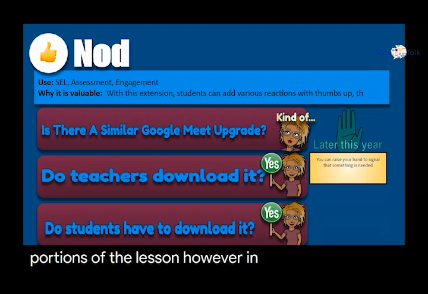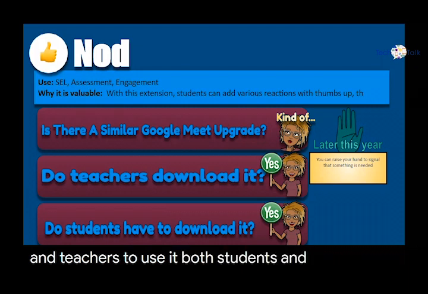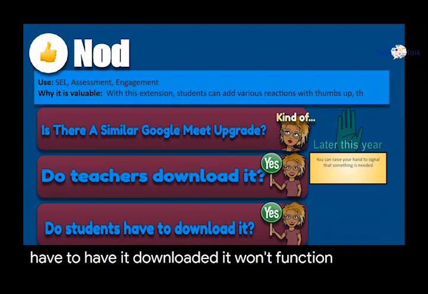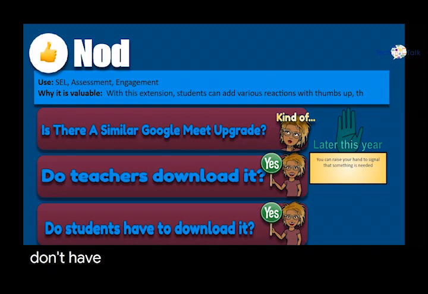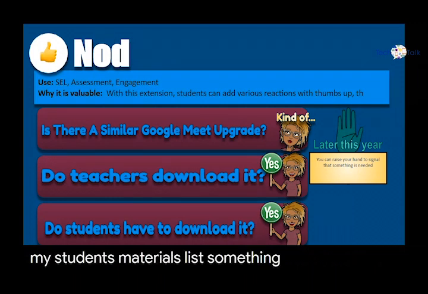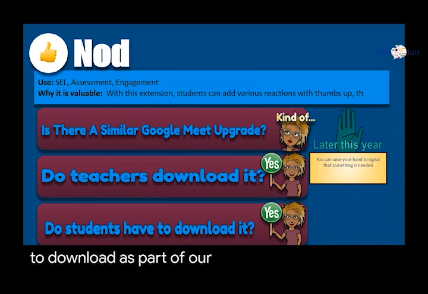However, in order for students and teachers to use it, both students and teachers have to have it downloaded. It won't function if you don't have it downloaded. You won't be able to see what's going on. So students do have to download it, but this is definitely an extension that I will be putting on my students' materials list. It's something that I need them to download as part of our course materials.